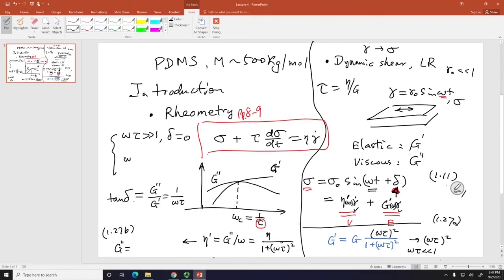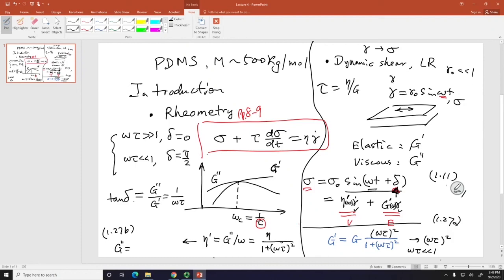And conversely, when omega tau is much smaller than 1, tangent delta diverges, because delta is half pi. And when delta is half pi, the sine turns into cosine. And what is cosine?